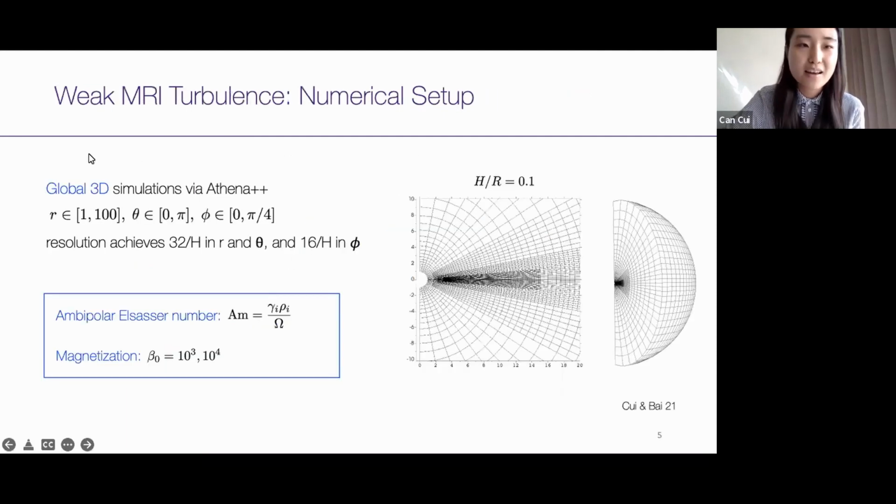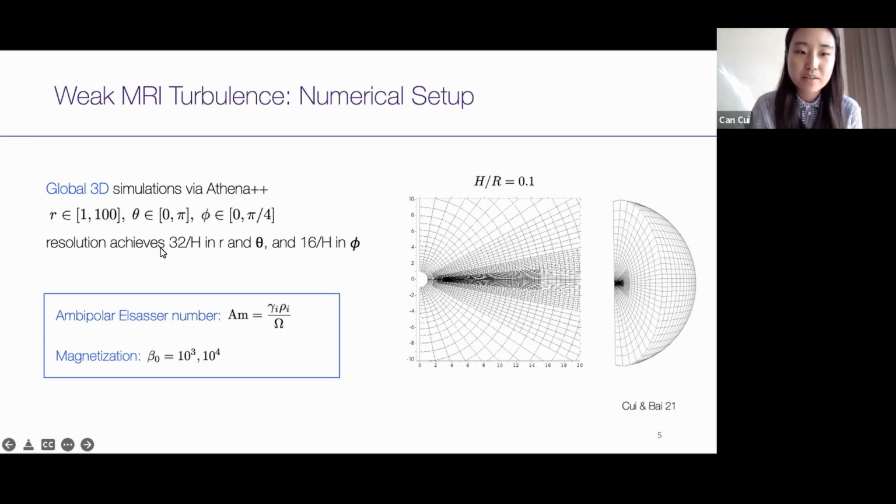The first part is about the MRI turbulence. We did some global 3D non-ideal MHD simulations with the Athena++ code. It's 3D, but we just simulated a wedge, so the phi domain is from 0 to pi/4. We use static mesh refinement, so we have more mesh grids in the midplane and fewer mesh grids at the poles.